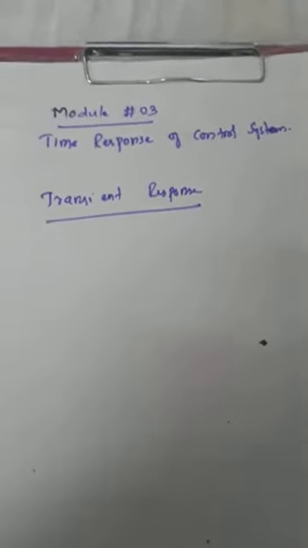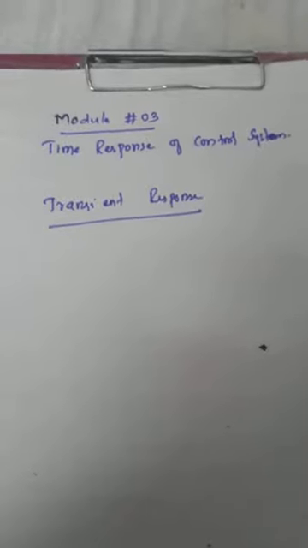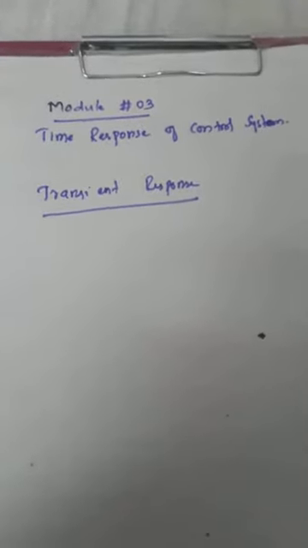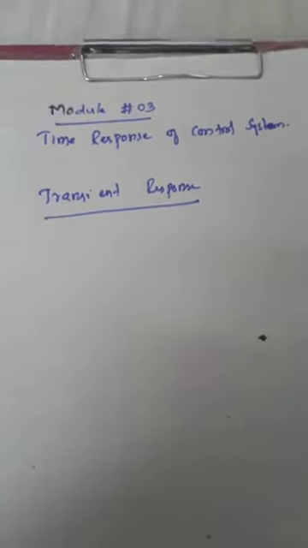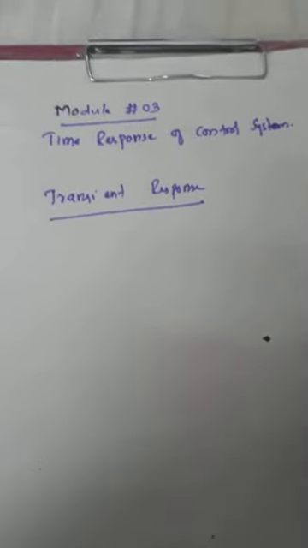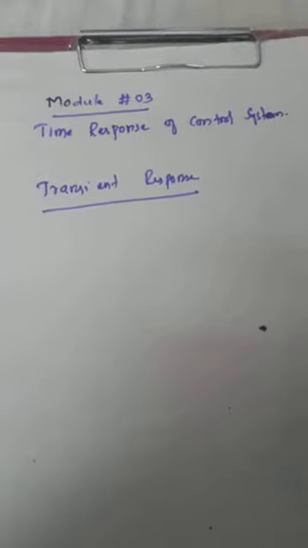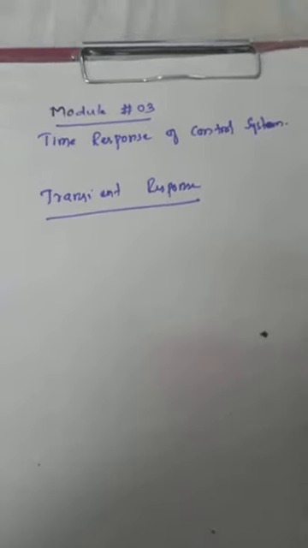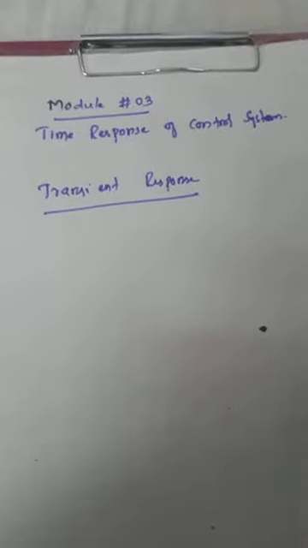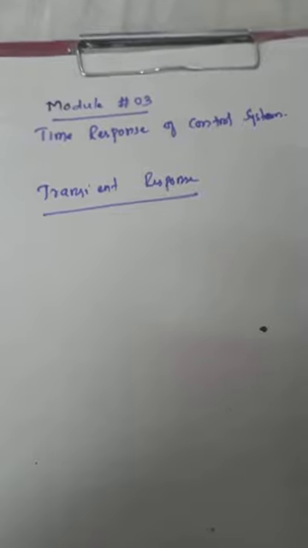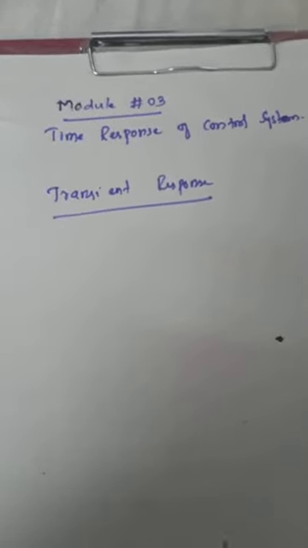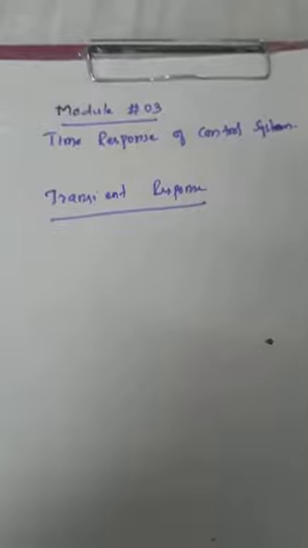Or else, the time required to achieve the final value is called the transient period. For example, the engineering degree of 8 semesters: the result variation during the 8 semesters to complete your degree is a transient response, or the time required, that is 4 years, to complete the degree is nothing but the transient period. Like this we can compare.